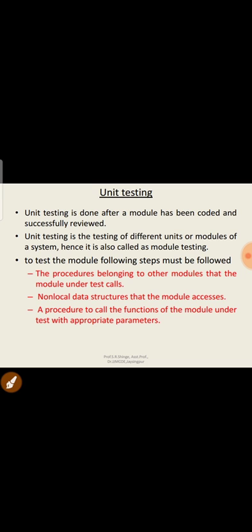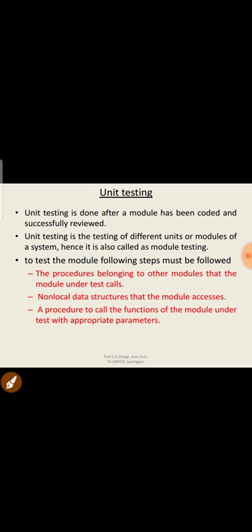Second is the non-local data structures that the module accesses. Suppose our test module is accessing some global or non-local data structures of other modules. Then we test these non-local data structures also while we test the module. Third is a procedure to call the functions of the module under test with appropriate parameters.